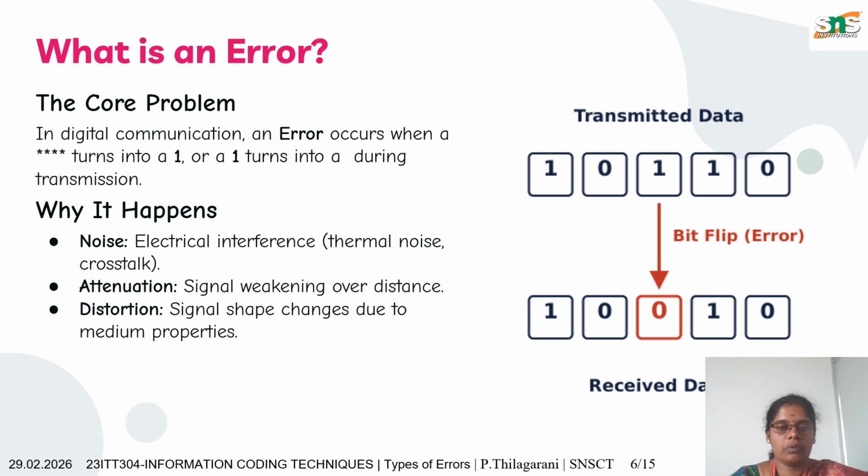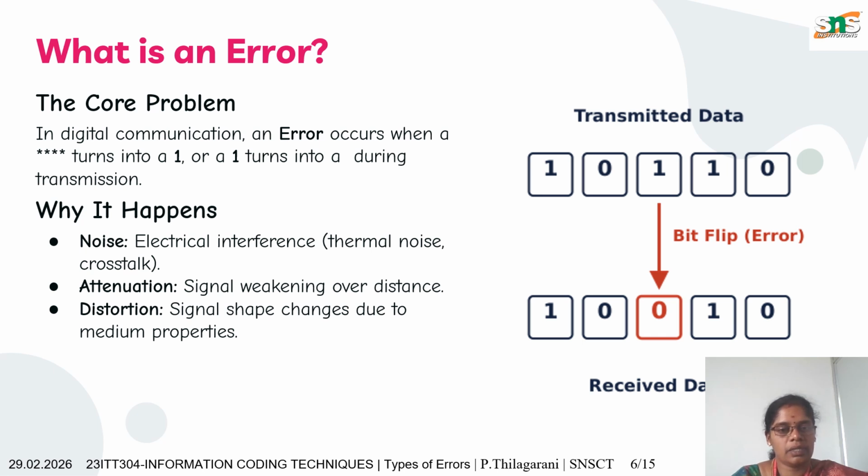First, we learn what an error is. The core problem: in digital communication, an error occurs when a 0 turns into a 1 or a 1 turns into a 0 during transmission.